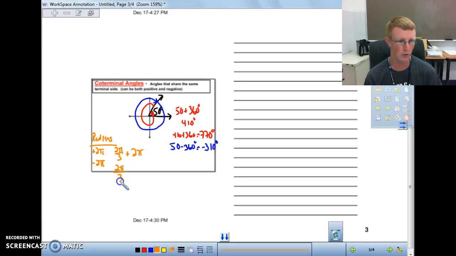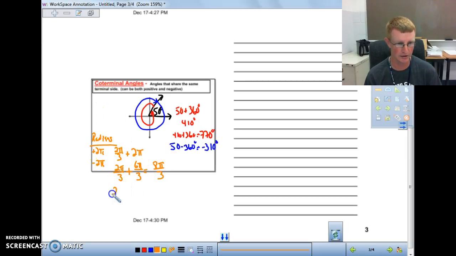So 2 pi over 3 plus 6 pi over 3, because 6 pi over 3 is the same as 2 pi. We add our numerators, so we have 8 pi over 3 is coterminal with 2 pi over 3.